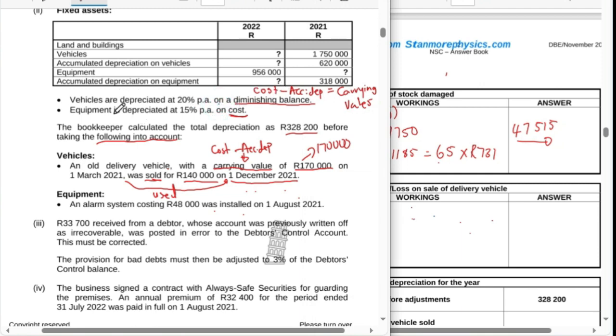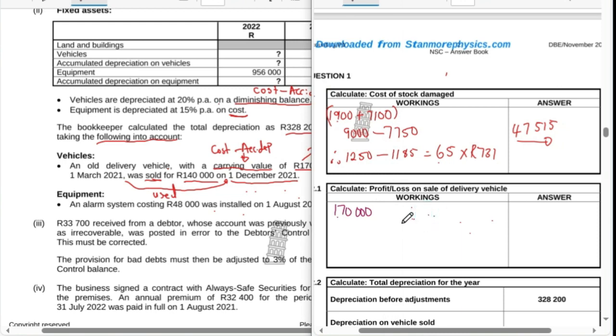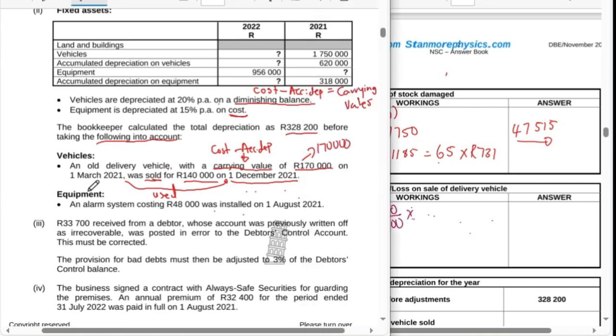And then they told us that vehicles are depreciated at 20% on a diminishing balance method, whereby we said it's cost subtract accumulated depreciation, and then it equals carrying value. Already we have been provided with the carrying value. Then straightforward, we can multiply by our 20 over 100. And then this vehicle has been in the business for how many months in this financial year before we sold it?